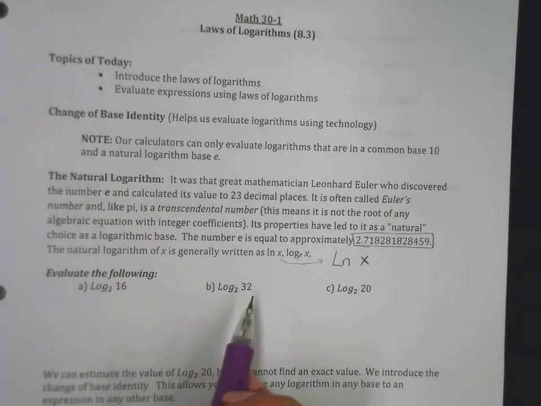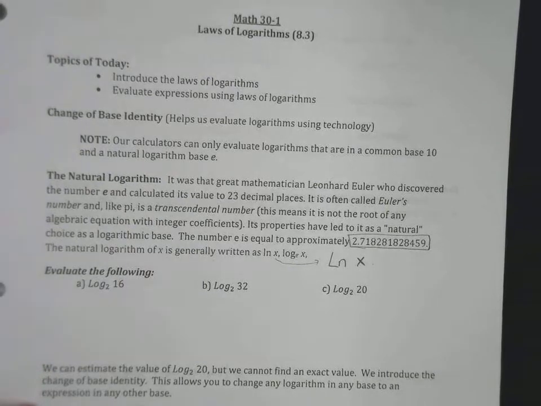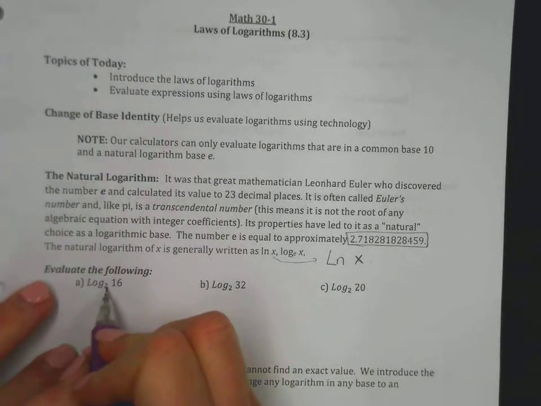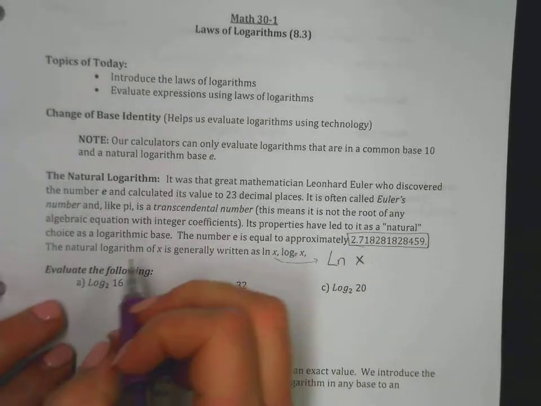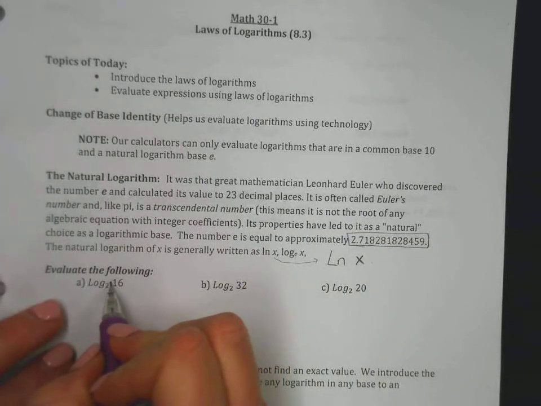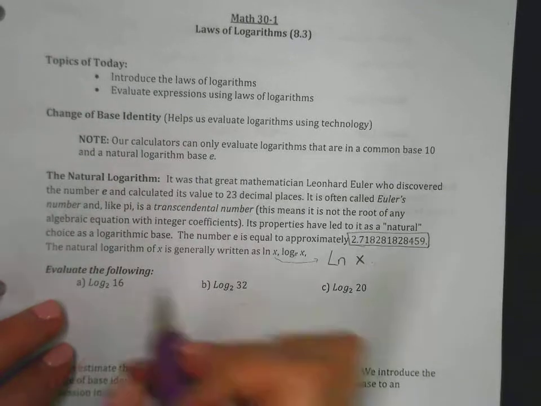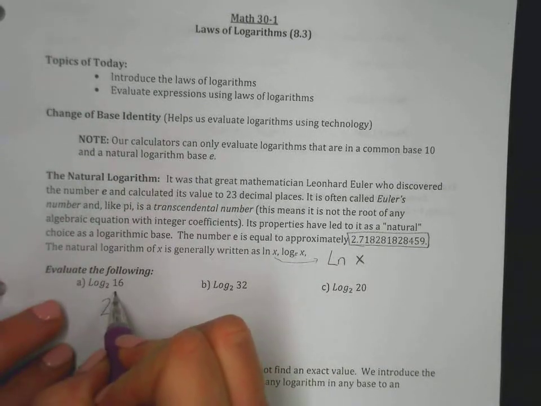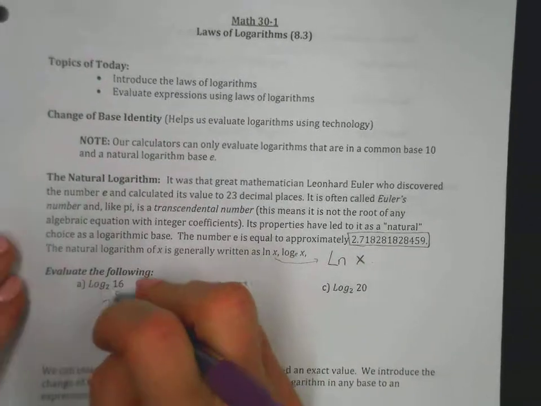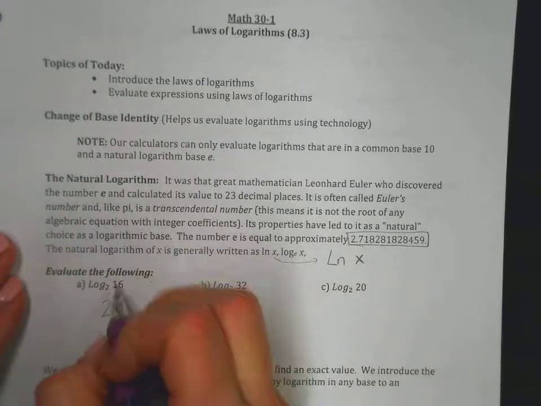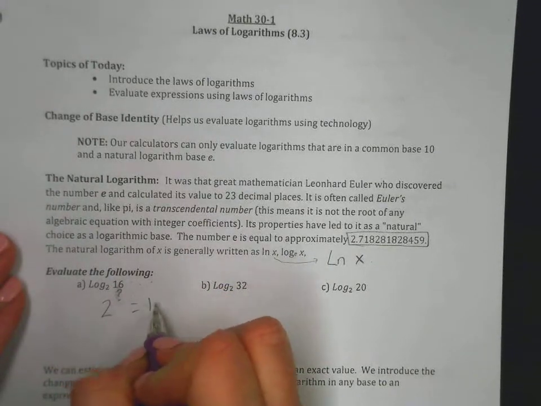So if I wanted to evaluate logarithmic values, log 2 of 16. So recalling from last time, what this means is we take base of 2 and we ask ourselves, 2 to what power equates to 16.